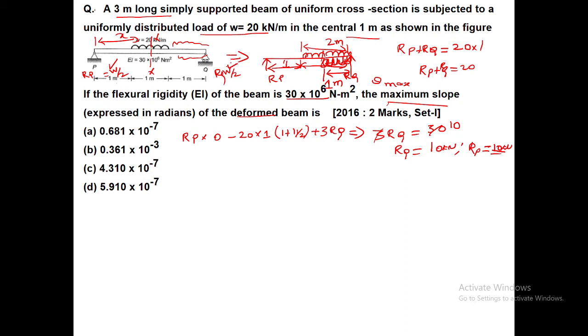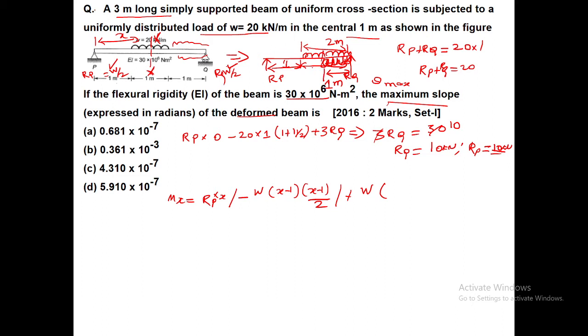So using Macaulay's method, first take moment about section XX over the entire length. So Mx equal to RP into X, minus W into (X minus 1) into (X minus 1) divided by 2, plus W into distance, for the lower side.